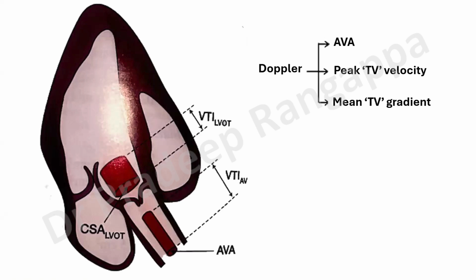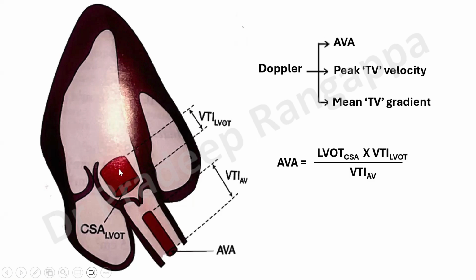As I showed you in the previous picture, here is the LVOT area. We look at the LVOT area here, then the velocity time integral at the LVOT, then the velocity time integral at the aortic valve area. The aortic valve area is calculated by this formula: the LVOT cross-sectional area multiplied by the LVOT velocity time integral.